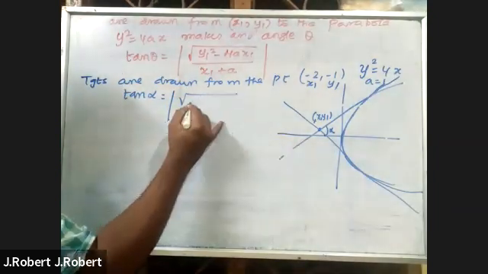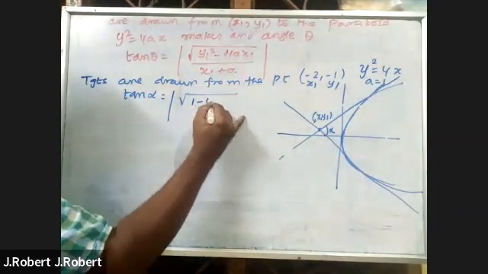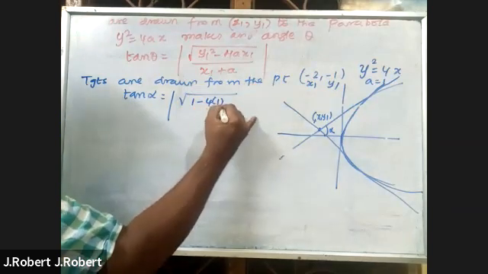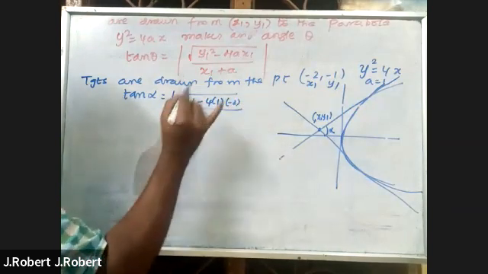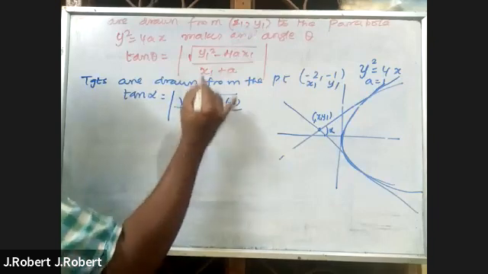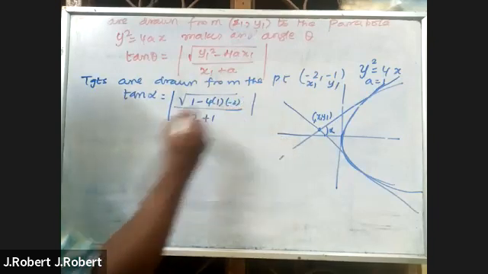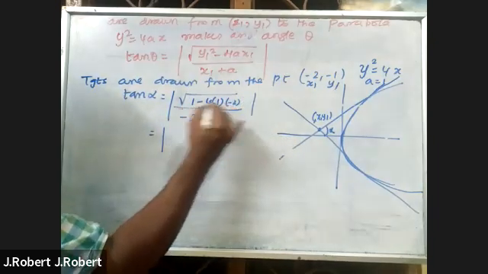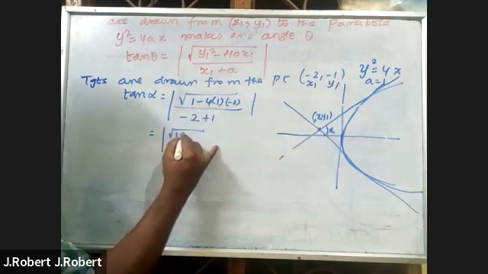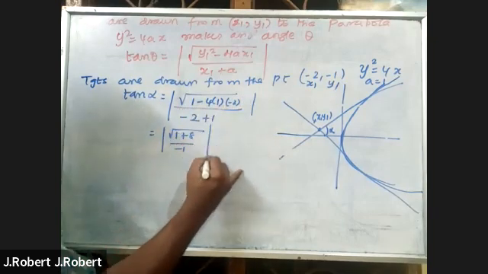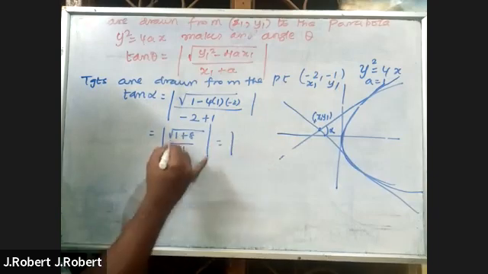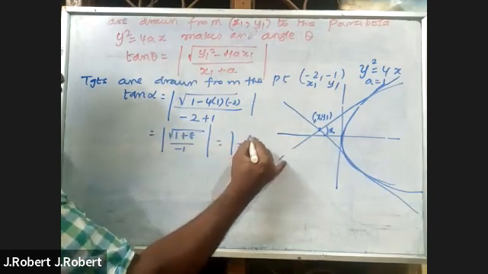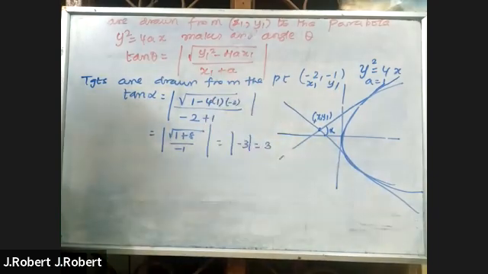Substitute: y1 square is 1, minus 4 into a which is 1, into x1 which is minus 2, divided by x1 plus a, which is minus 2 plus 1, that is minus 1. Therefore the answer is square root of 1 plus 8 divided by minus 1, which is square root of 9, that is 3, divided by minus 1, giving minus 3. Removing the modulus we get 3. Therefore tan alpha is equal to 3.